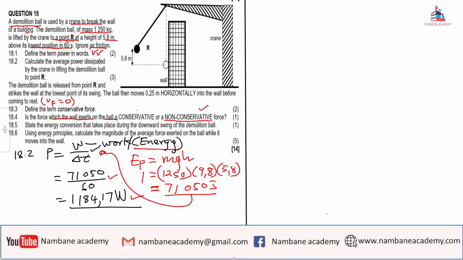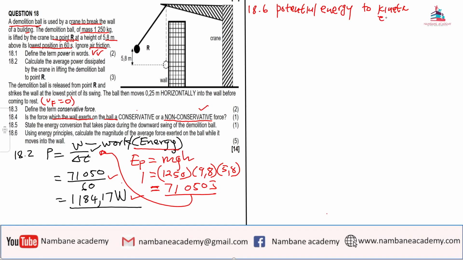State the energy conversion that takes place during the downward swing of the demolition ball. So at 18.6, it is starting from potential energy to kinetic energy.